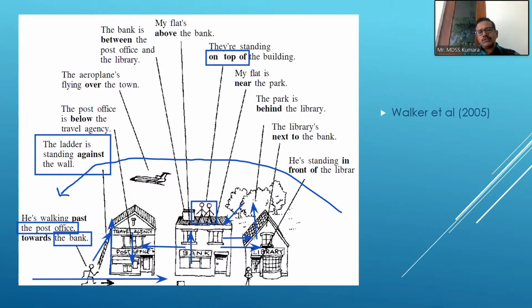He's standing in front of the library. So this man is standing in front of the library. So this is how we use these prepositions in sentences in relation to the noun coming up after them, because these are prepositions. So you have to place them before nouns.